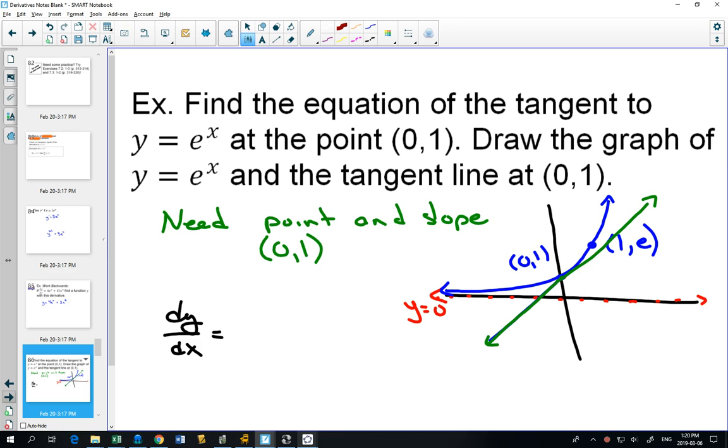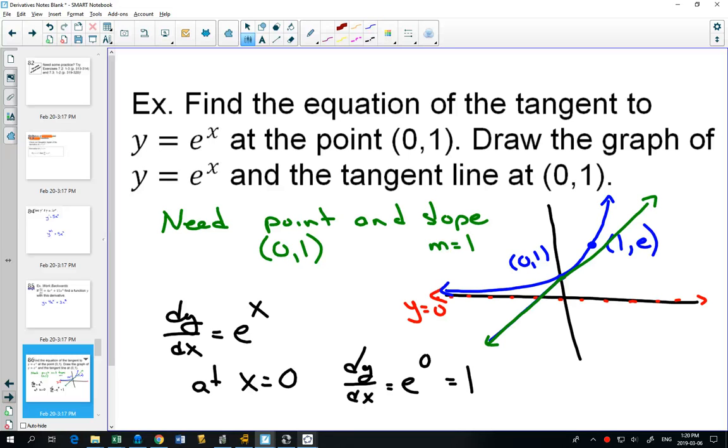So if we did the derivative of e to the x, we would get e to the x. And at x equals 0, we would get dy dx equals e to the 0. And anything to the exponent of 0 is 1. So we know that our slope is 1.